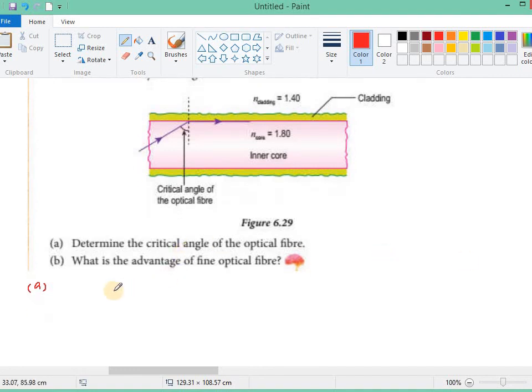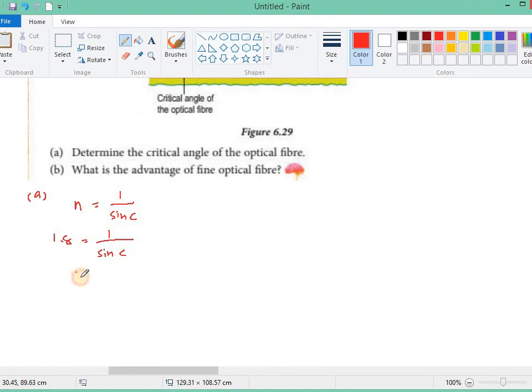So we can calculate the critical angle because we know the refractive index of the inner core. n equals 1 over sine C, so 1.8 equals 1 over sine C. So the critical angle will be 33.75 degrees.